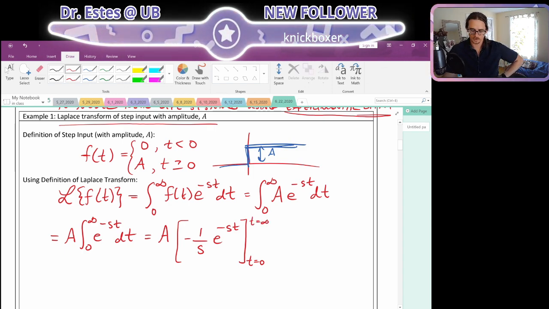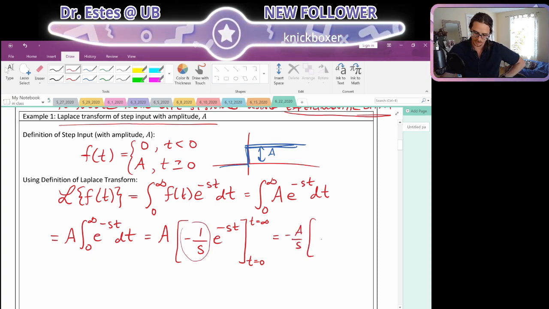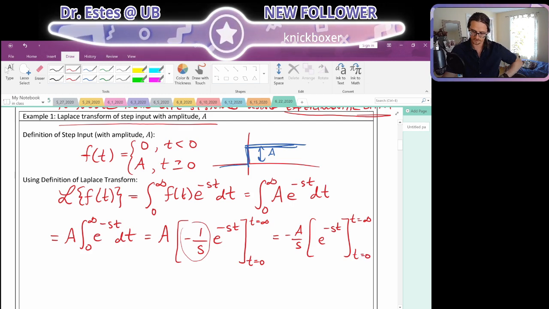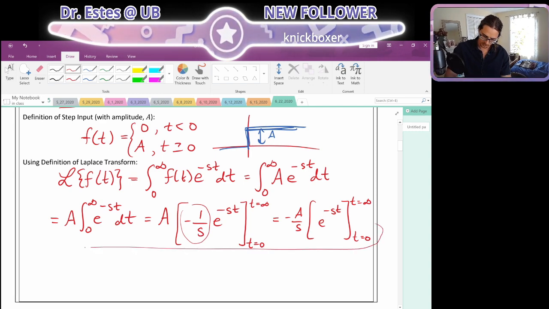So we'll put that in here. Because this s variable out in front isn't affected, I'm going to pull that out just to make this a little easier. t equals infinity, t equals 0. Then we'll come back over this way.